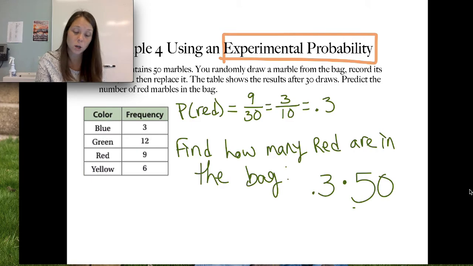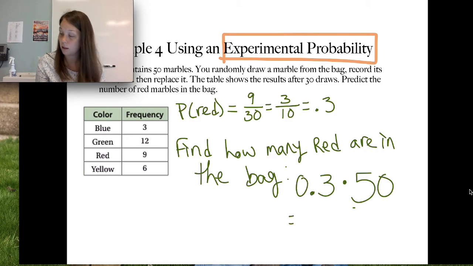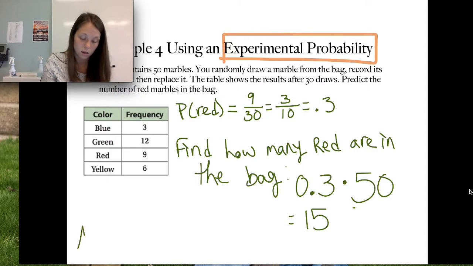So 30% or 0.3 times 50 is going to give us 15. So that means there are about 15 red marbles in the bag.